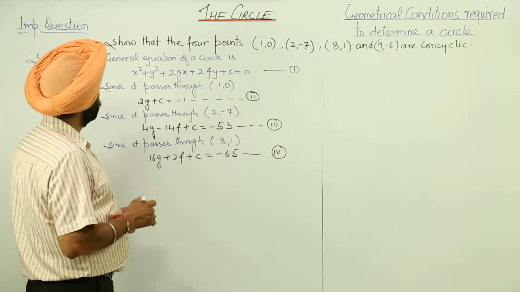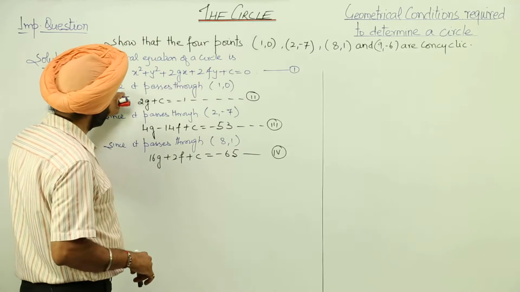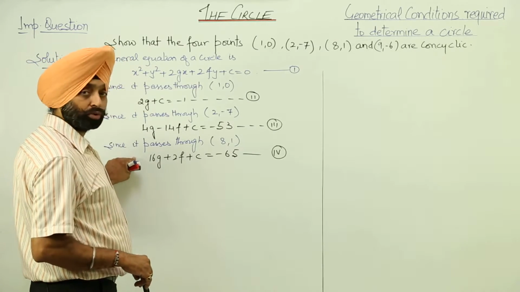Fourth. Now we are having 3 different equations with 3 different points: equation number 2, equation number 3 and equation number 4.